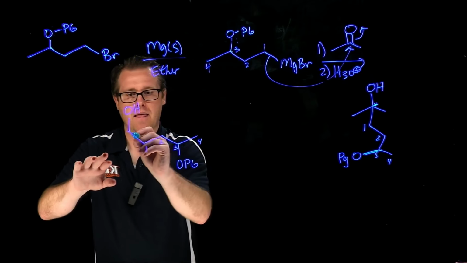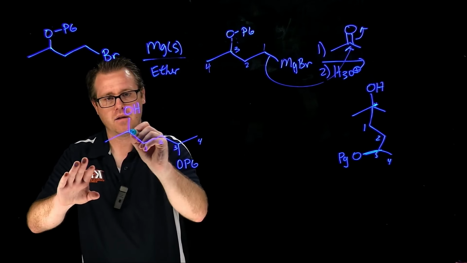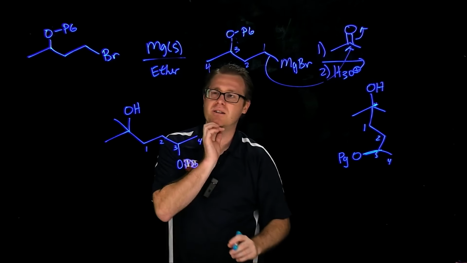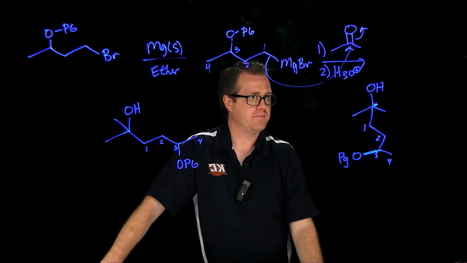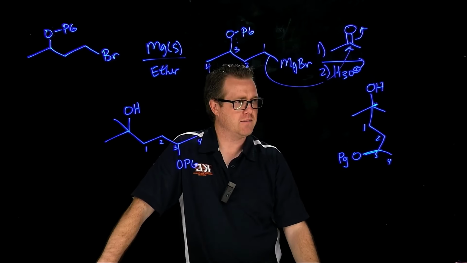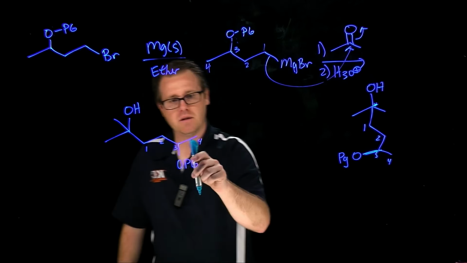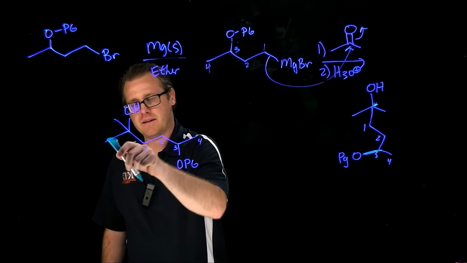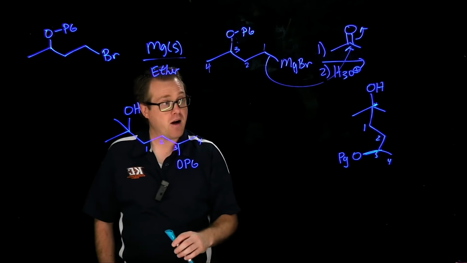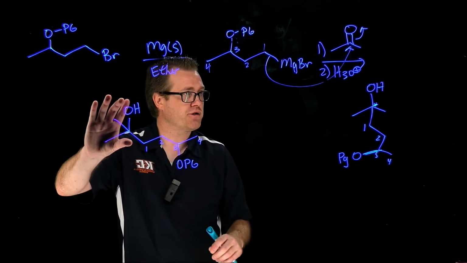Like so. There we go. Let's double check. How many carbons do we have total? 1, 2, 3, 4, 5, 6, 7. Okay. Now, we formed our tertiary alcohol.